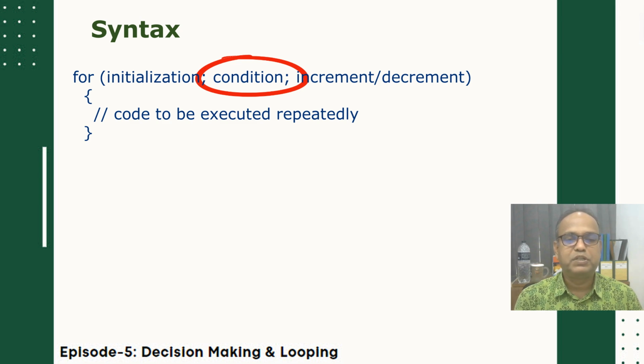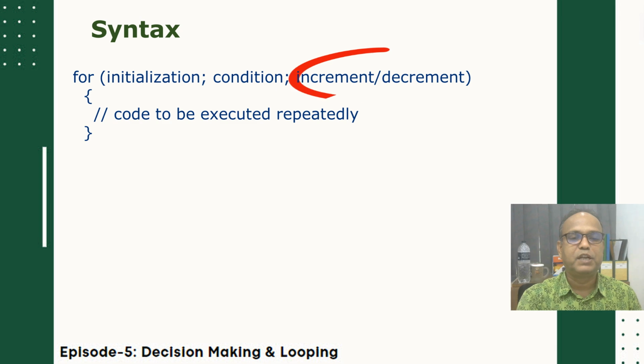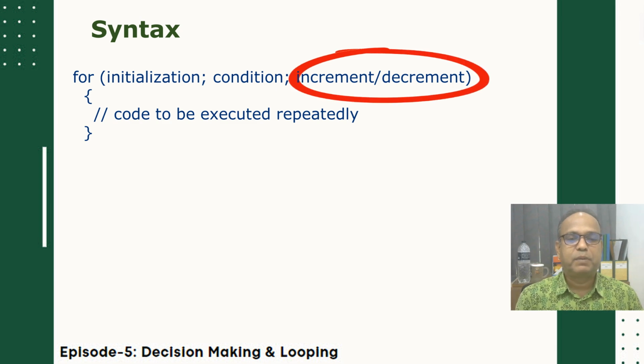If the condition is true, the code block inside the loop executes. If the condition is false, the loop terminates. Increment or decrement is executed after each iteration of the loop, usually used to update the loop counter variable, typically to move towards the termination condition.